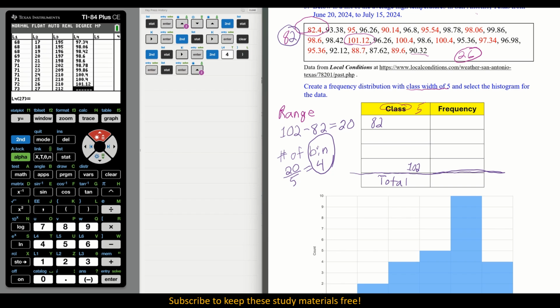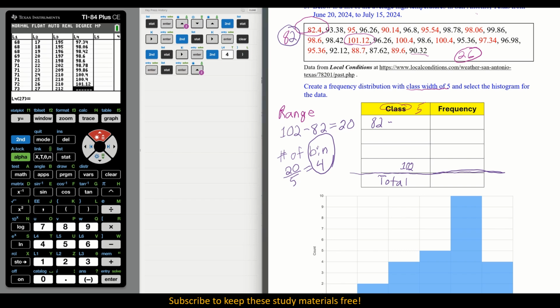I'm going to scoot that over because we're going to have more to write in here. So then I'm going to have 102 here. Now I need this to be 5. If we're going to have a class width of 5, then 82, 83, 84, 85, 86. Okay.